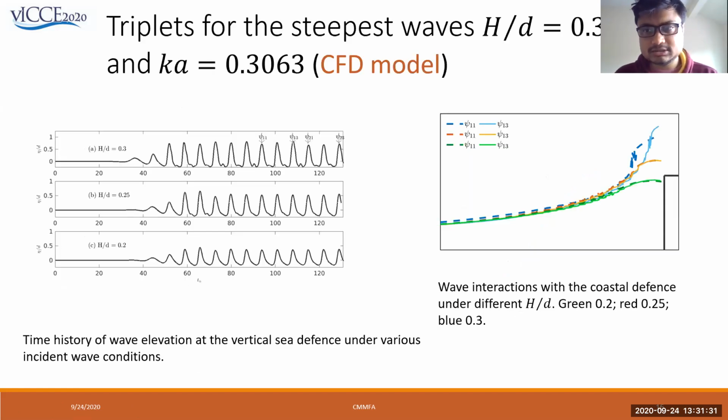Now if you look at the wave elevation time history measured at the coastal defense, we can see that when we are inside the critical wave steepness, we have something called triplets. And if we look at the free surface evolution during the overtopping, we can see that during the triplets, the third wave is much steeper and much thinner compared with preceding wave cycles. Whereas when you are outside this critical wave steepness, we don't have these differences.